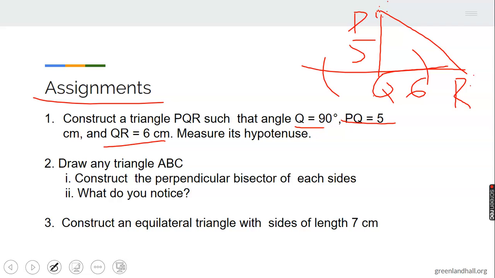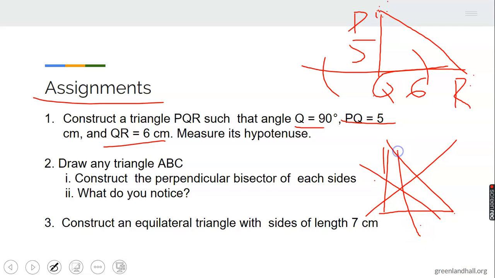Now, number 2, draw any triangle ABC. Construct the perpendicular bisector of each side. What do you notice? This is what you have to do. Draw any triangle. Let's use this one as an example. You have to bisect this side, bisect this side, bisect this side. This is the line for this one, line for this one, and line for this one.